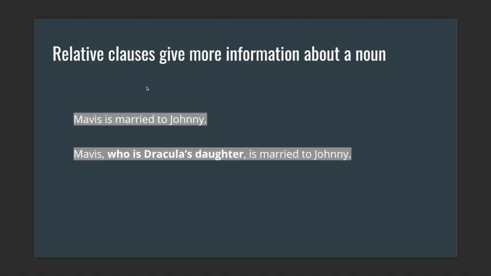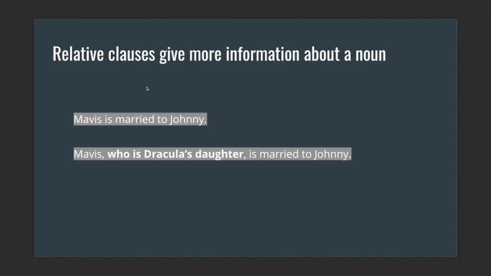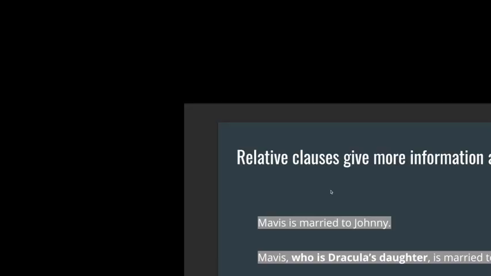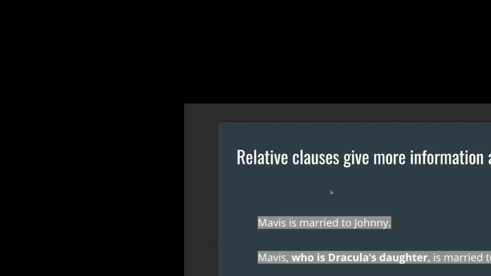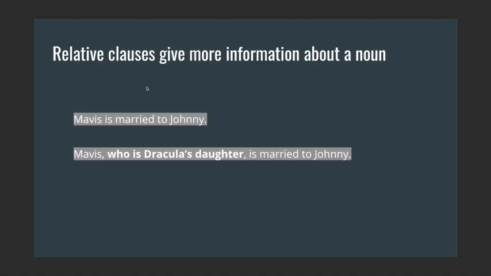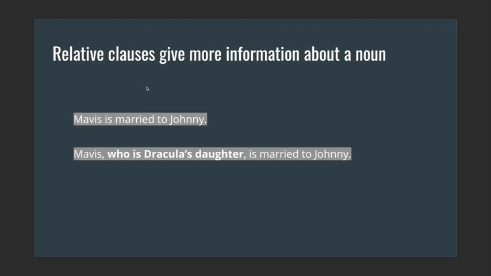Now, we're going to use a relative clause to give more information about Mavis before continuing with the sentence. So first we start with the subject, Mavis. We're going to put a comma here to indicate that we're going to start a relative clause, that these next words are not going to be the object or the verb of the sentence.